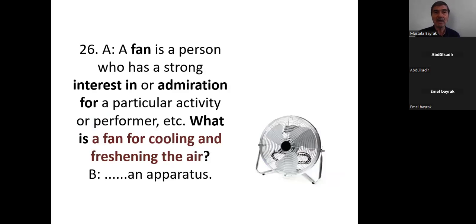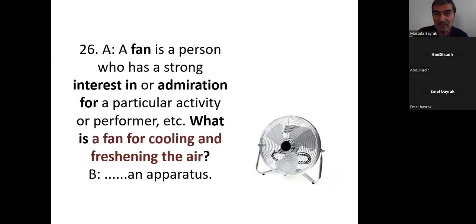26A. A fan is a person. Who is a fan? How can you describe a fan? A fan is a person who has a strong interest in or admiration for a particular activity or performer, etc. What is a fan for? Cooling and freshening the air? Of course, it's an apparatus.